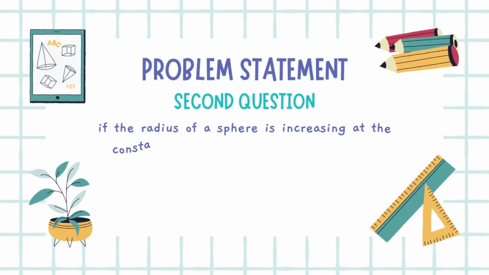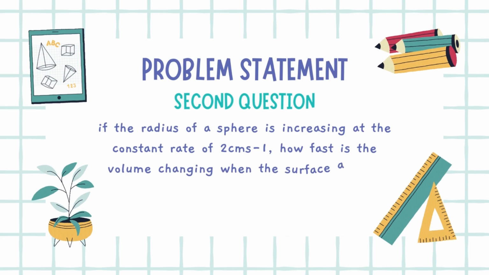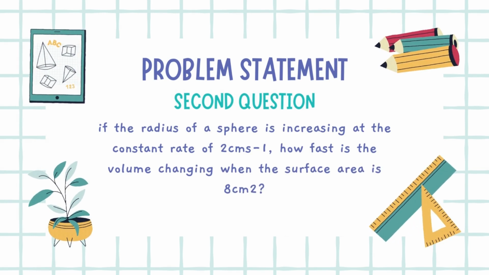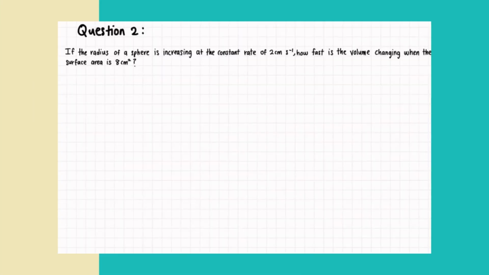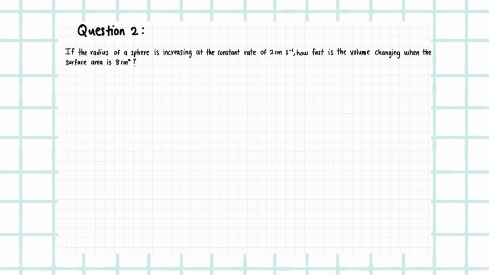The second problem statement is, if the radius of a sphere is increasing at the constant rate of 2 cm s⁻¹, how fast is the volume changing when the surface area is 8 cm²? To solve this problem, the first thing you need to do is list down all of the information given.